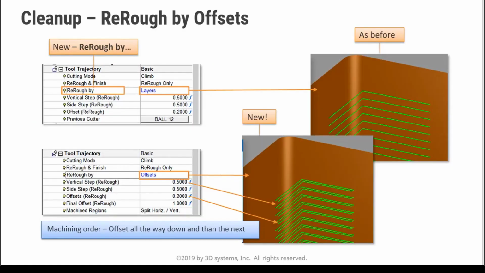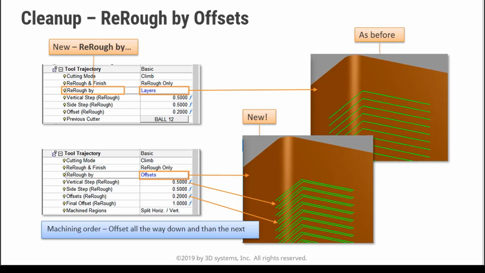Version 15 introduced a new mechanism for reref by offsets. A new parameter, reref by, has two options. The first one is layers and the new one is by offsets. If the parameter reref by is set as layers, the old algorithm will run. The second method for reref is by offsetting the finish passes.